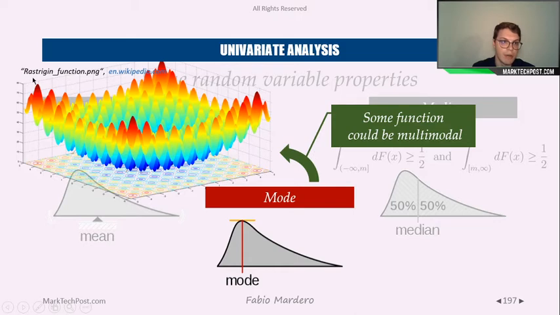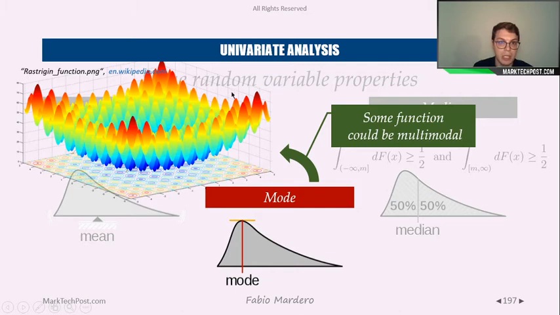This is the Rastrigin function, which is a particular multimodal function and is often used to determine the behavior of an optimization algorithm in computer science. For example, an optimization algorithm usually wants to find the bottom, the minimum of this function.